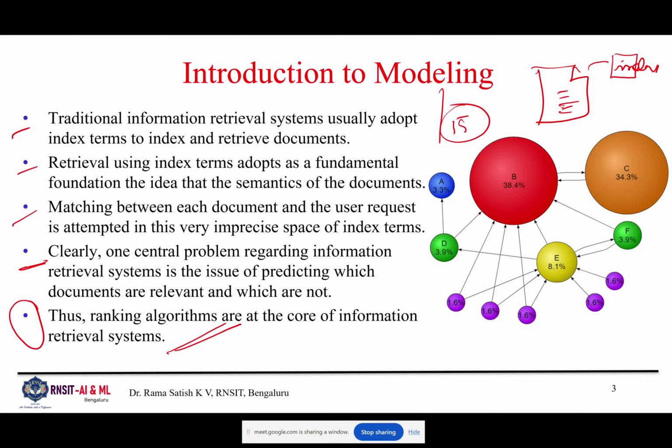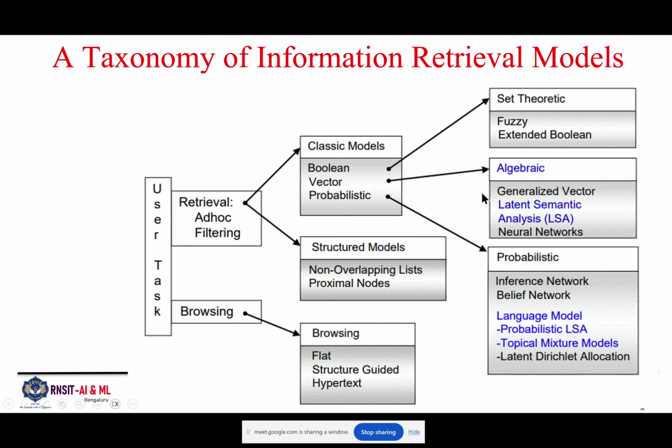And of course, when you think of the taxonomy of information retrieval models, when the user starts working with these tasks, he has retrieval, ad hoc, filtering, so he is not sure. Sometimes he browses, and while browsing he gets flat, structured, guided and hypertext data.